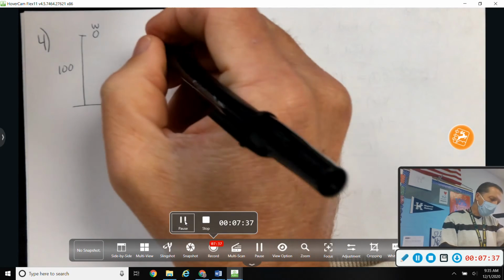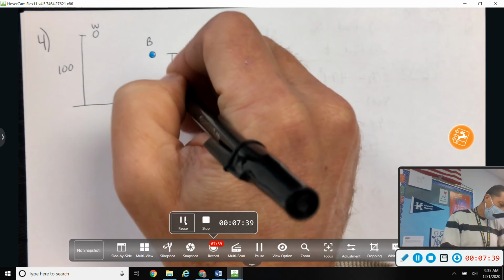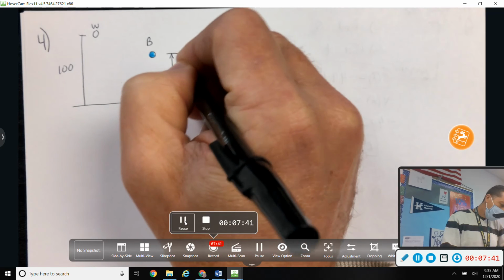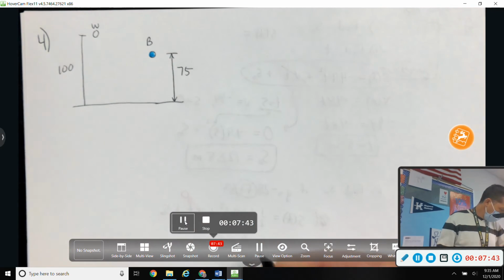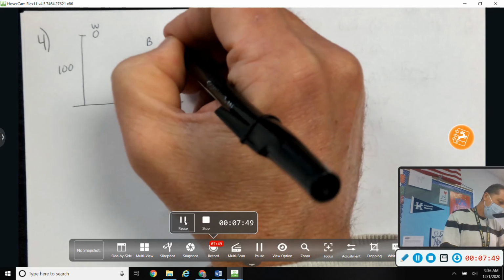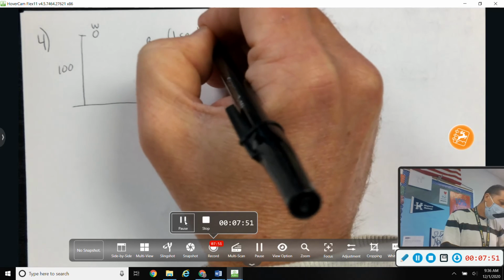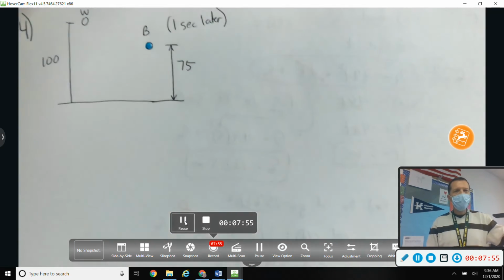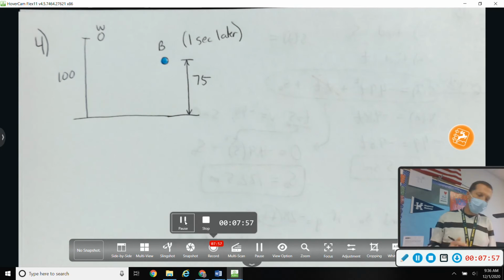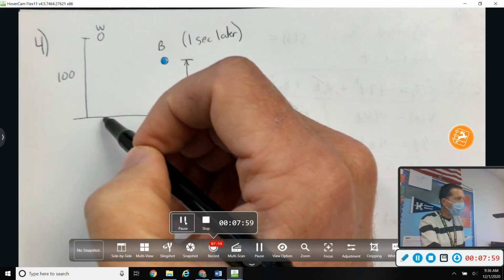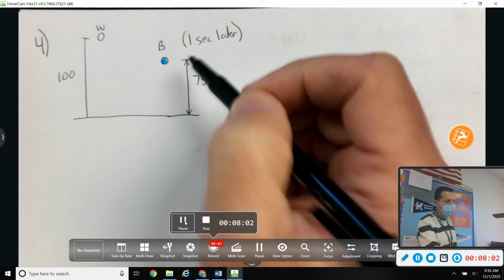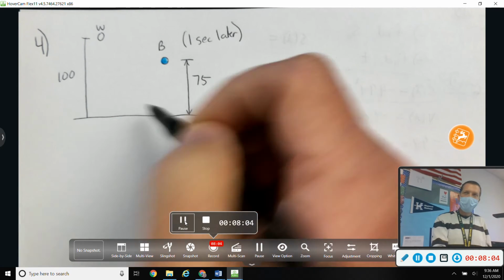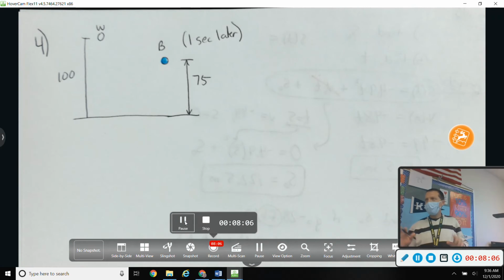That's the blue ball from 75 feet. Which one hits the ground first? All right, I think there are a couple ways to work this, but the easiest way is to just find how long it takes for the white one to fall, how long it takes for the blue one to fall, and then worry about the 1 second and how that matters.